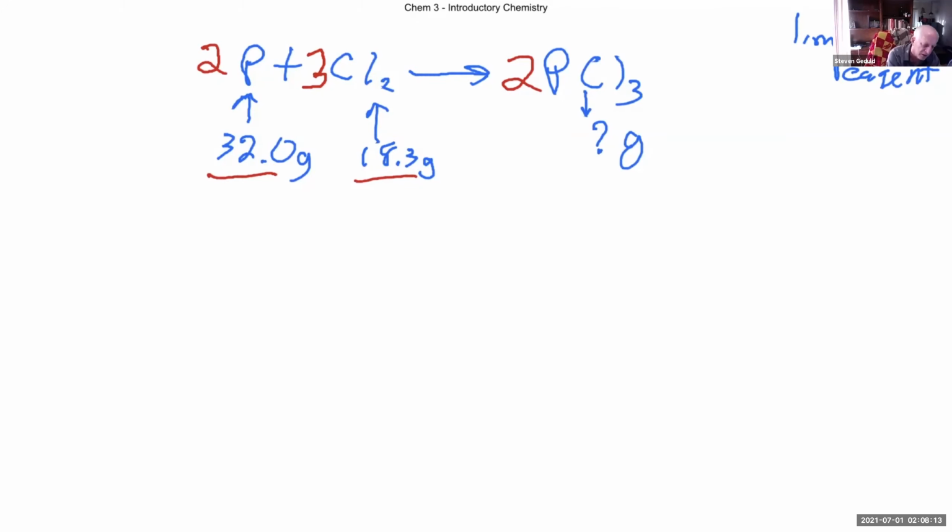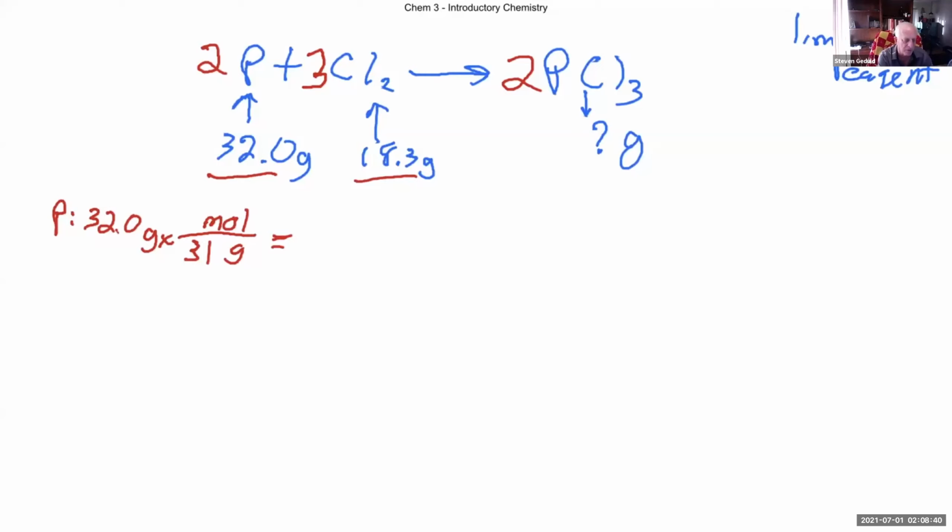So for phosphorus, I have 32 grams. And how many grams per mole? So you look at phosphorus in your periodic table. Phosphorus is 31 grams per mole.